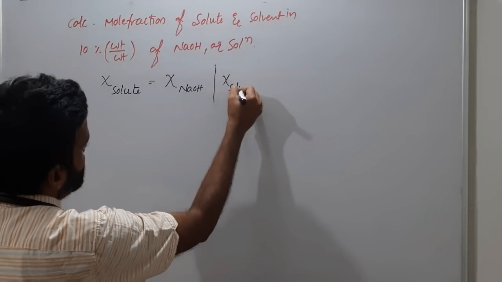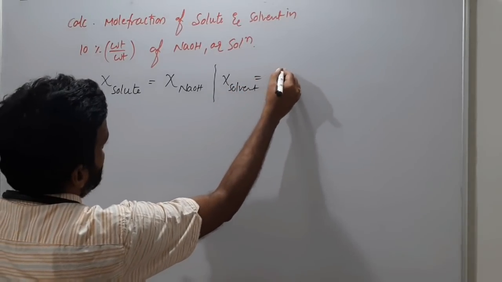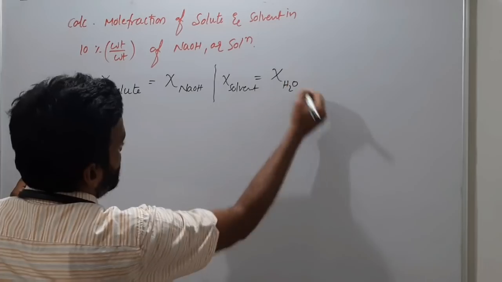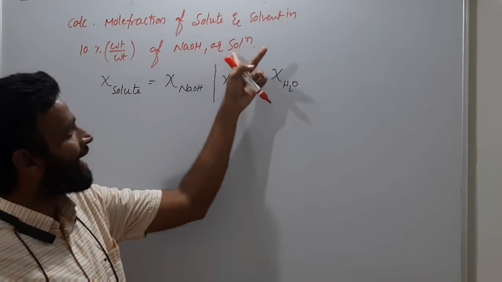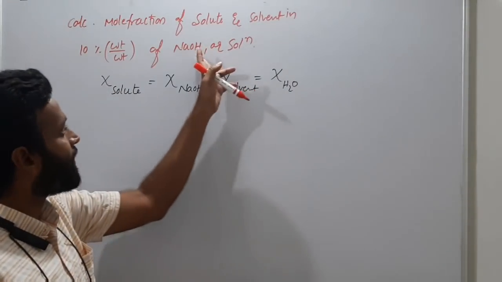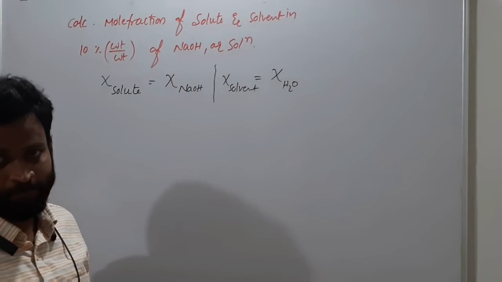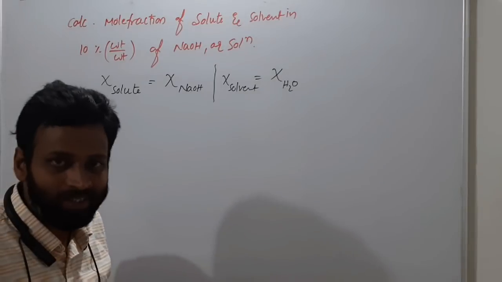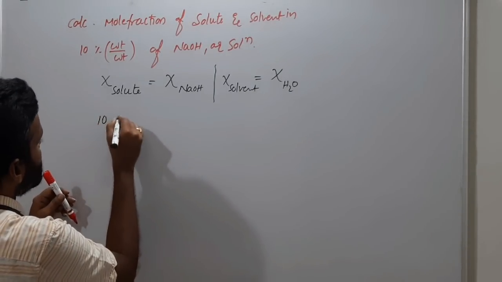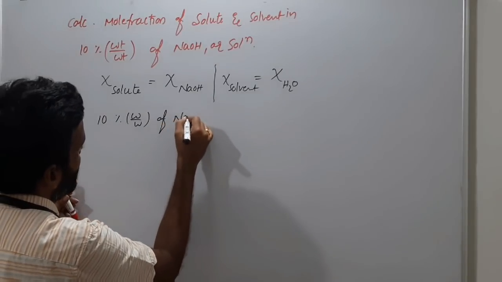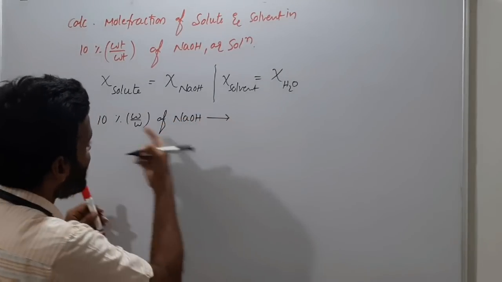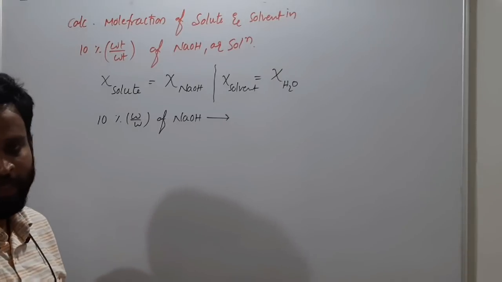Mole fraction of solvent means mole fraction of water. How you know? Sodium hydroxide aqueous solution means sodium hydroxide in water. How much sodium hydroxide is there? 10% weight by weight of NaOH. What is the meaning of this 10% weight by weight?